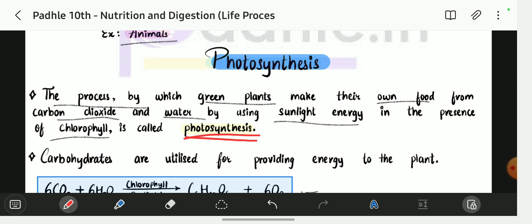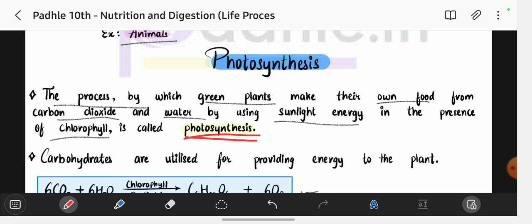It is a process by which only green plants make food. We humans and animals are heterotrophs, and plants are autotrophs as they make their own food.